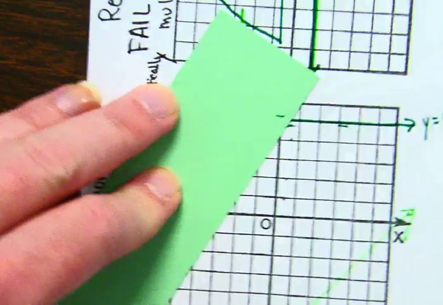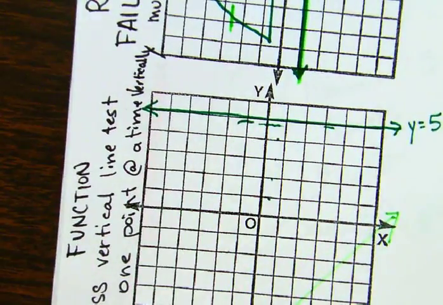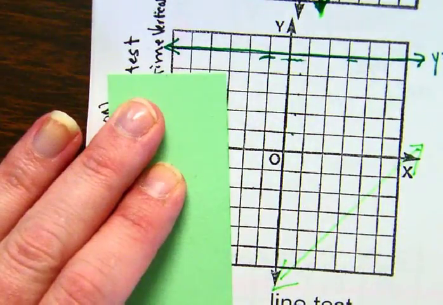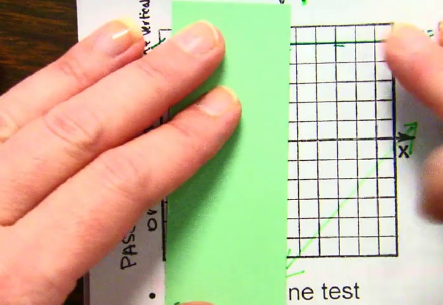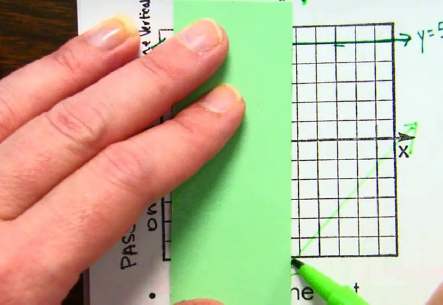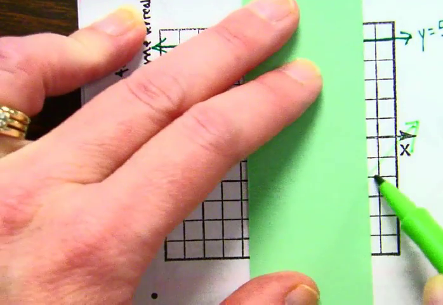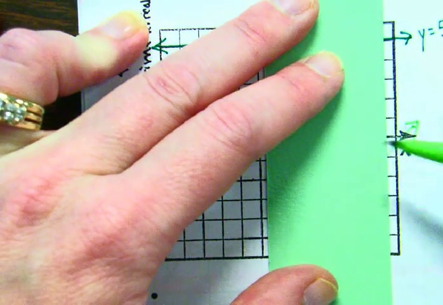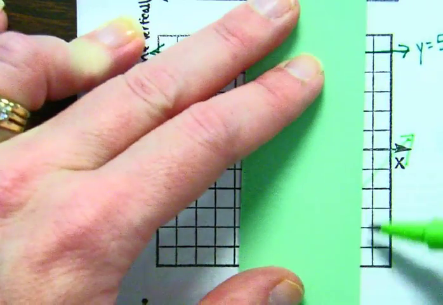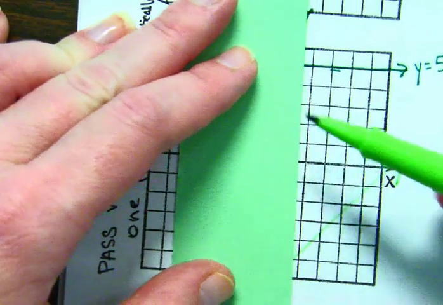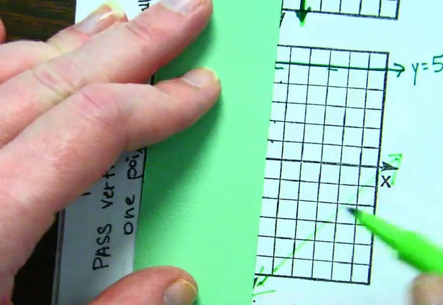That's a positive slope line. So what if I take my vertical edge once. It's not touching it anywhere else up and down. So this is a pass.